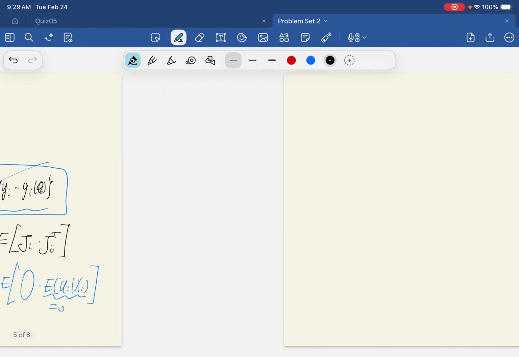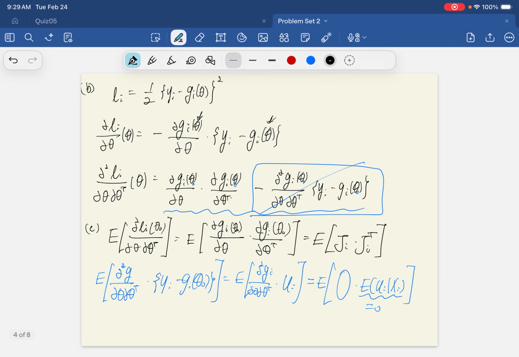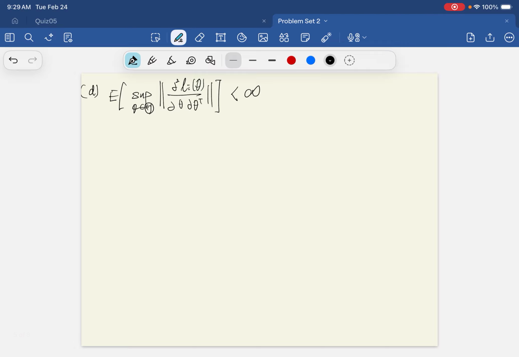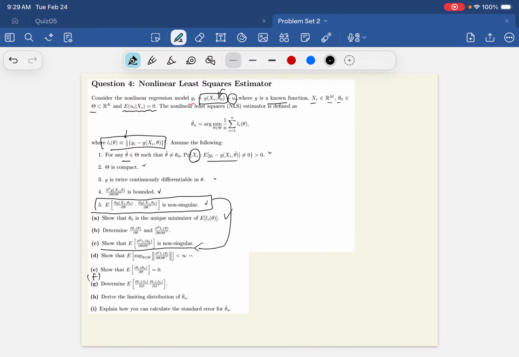D. I would like to show that the expectation of the sup over theta of this is bounded, right? And again, we are going to use this functional form to do that. The assumptions we need are the fourth assumption and the second assumption, all right?